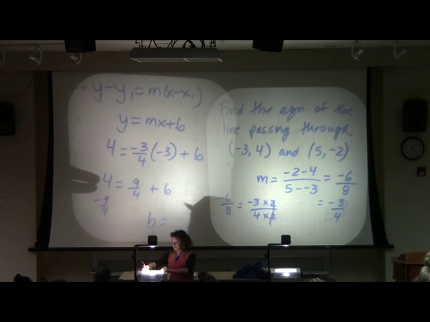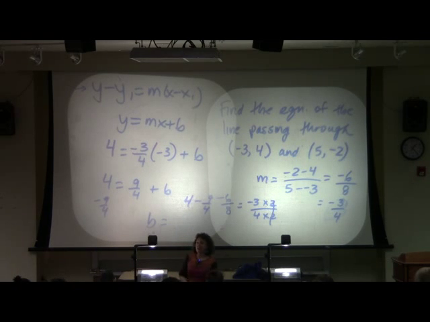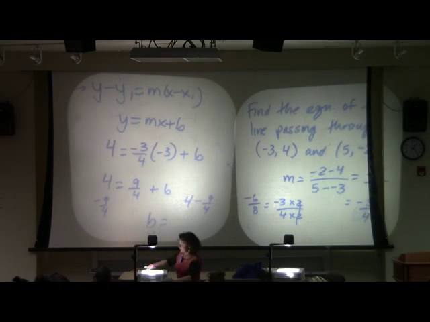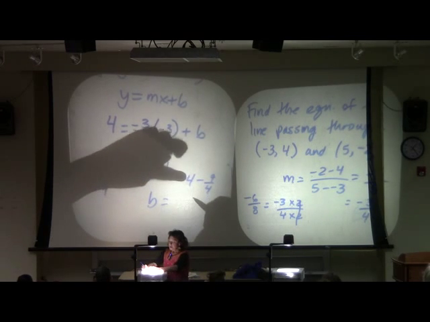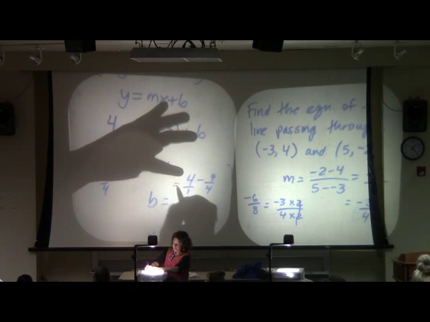All right, you guys, we have 4 minus 9/4. In order to add or subtract 2 fractions, what do you need? You need a common denominator. What's my common denominator? 4. The only one we got. So, if you want, I'm showing you every step.